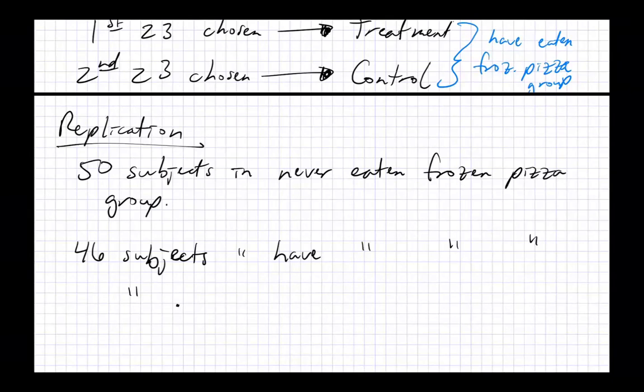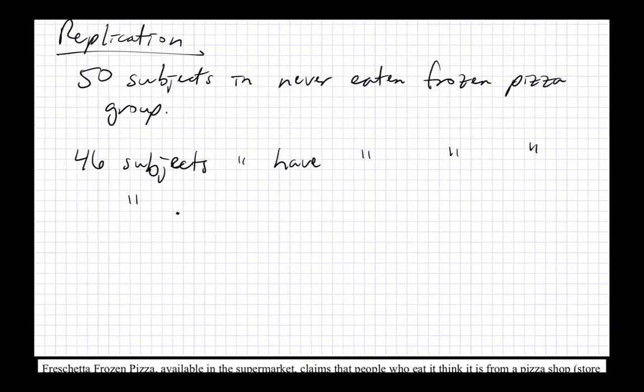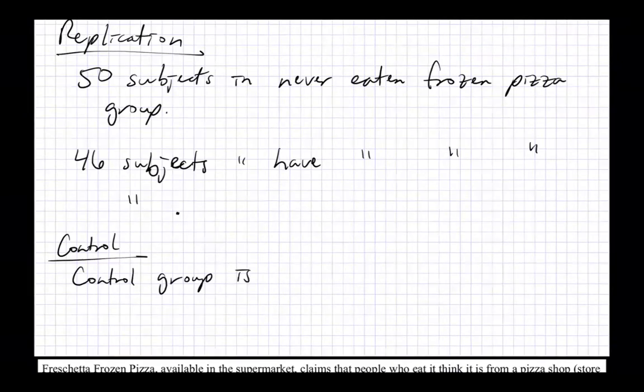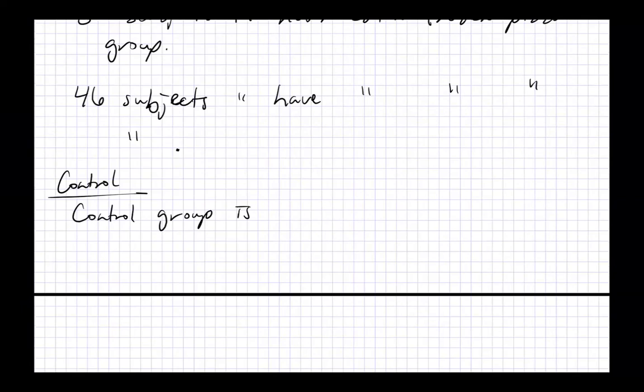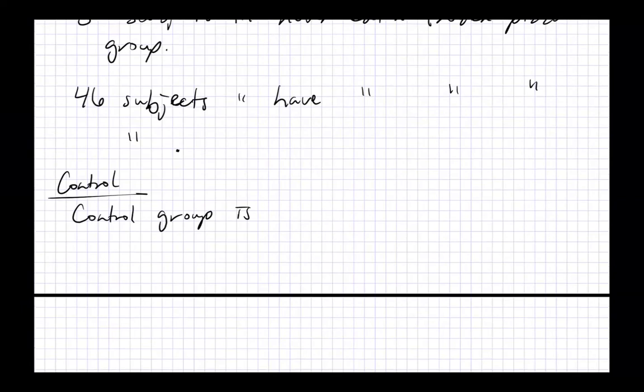Okay. The last one is control. So we explain who the control group is. The control group is, who is the control group? What is the control group getting? Say it again. Pizza Shop Pizza, yeah, is getting Pizzeria Pizza or Pizza Shop, same thing.